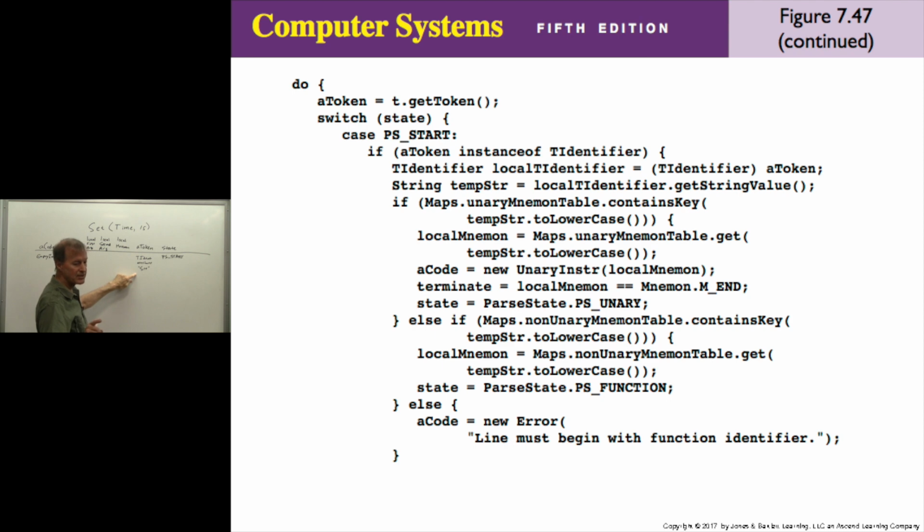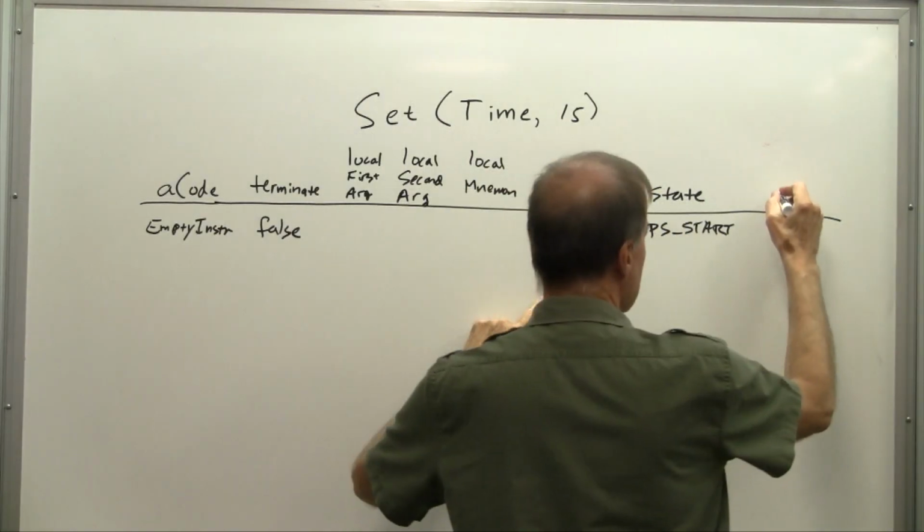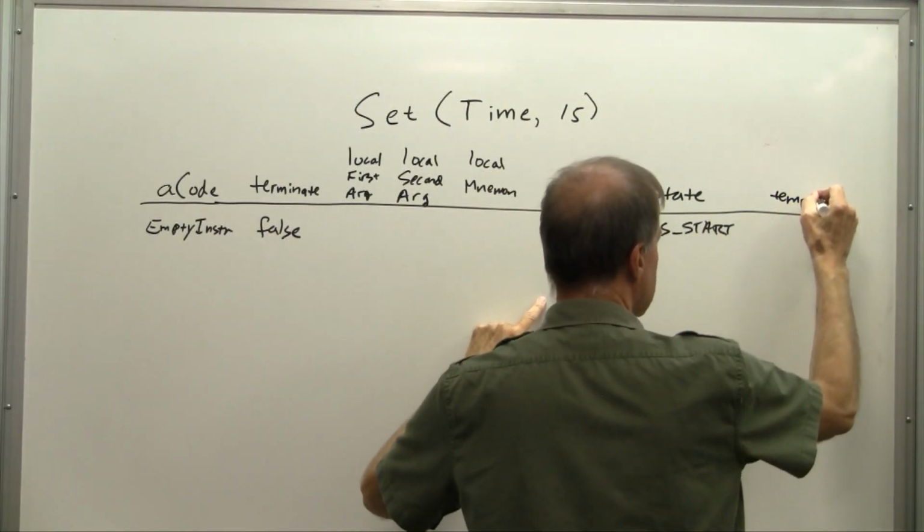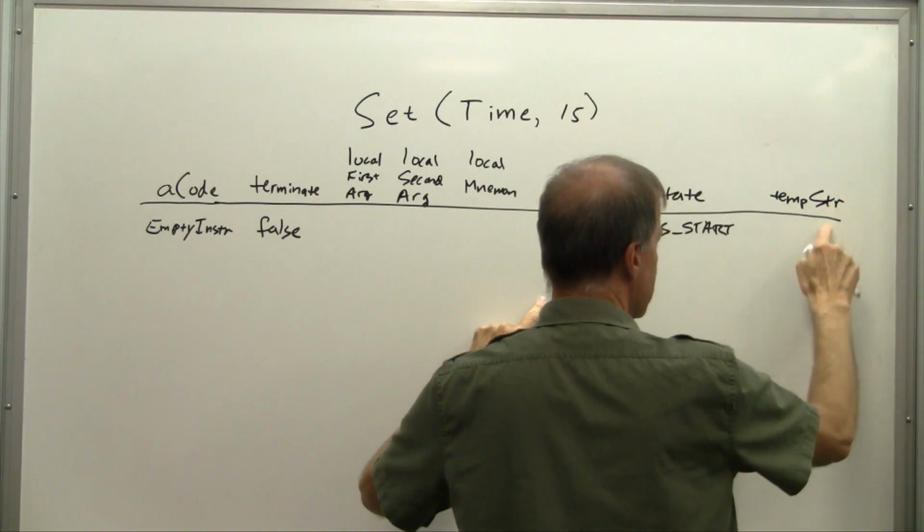And now that we know that this is a T identifier, temp string gets what? Local T identifier dot get string value. So now we have another local here called temp str, and what does this temp string get?